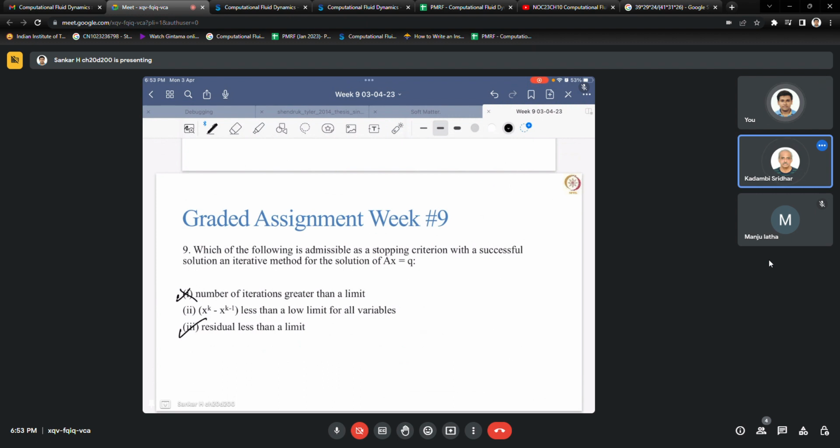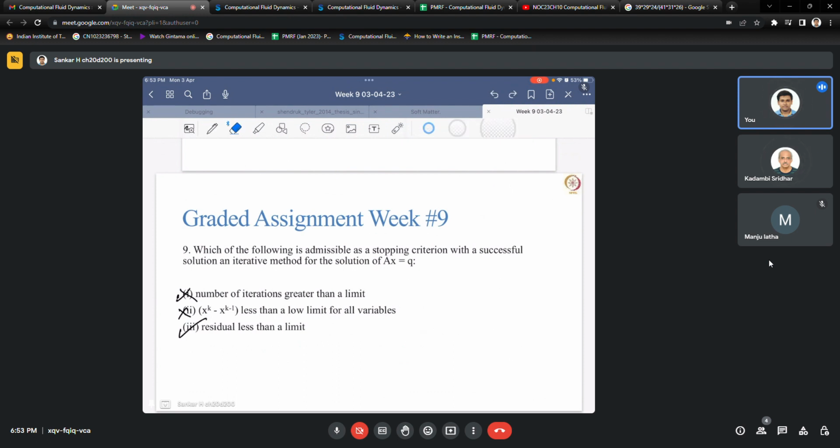We can't guarantee that. Similarly, if a solution is not converging, xk minus xk minus 1 less than a low limit may not give the correct answer, and such a low limit is basically undefined here.